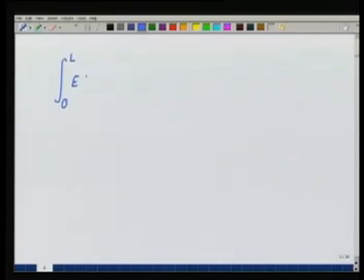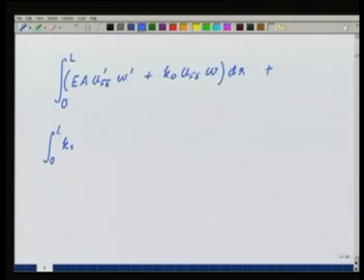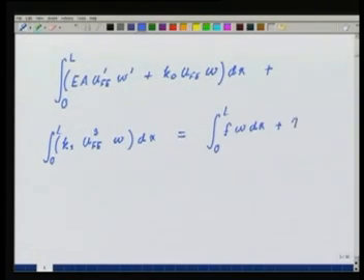Let's go back to our problem, and to refresh ideas, let us have the weak form, which is given by the integral from 0 to L of EA U_FE prime W prime plus K0 U_FE W dx, plus the integral from 0 to L of K1 U_FE cubed W dx, equal to the integral of F W dx plus P W at L.